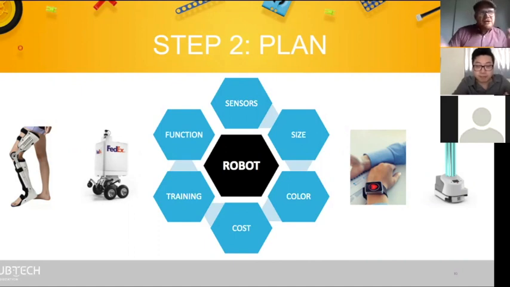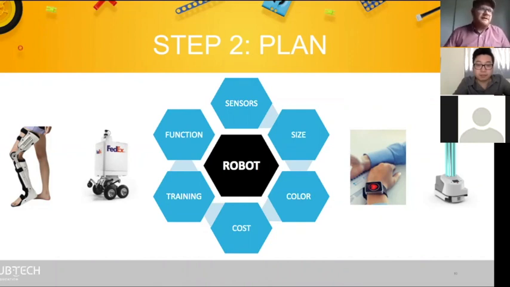We've identified 4 different types of robots working in that space. From there, you want to look at what kind of sensors it needs, how it's going to interact with the environment, and how big it's going to be.